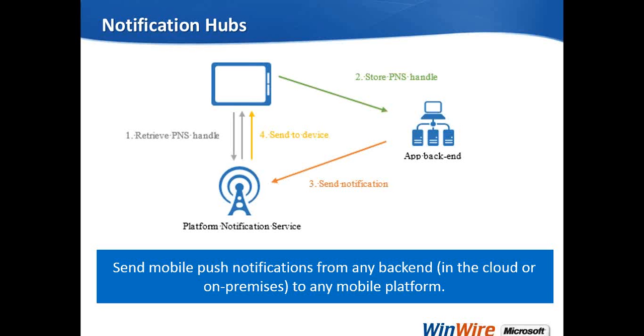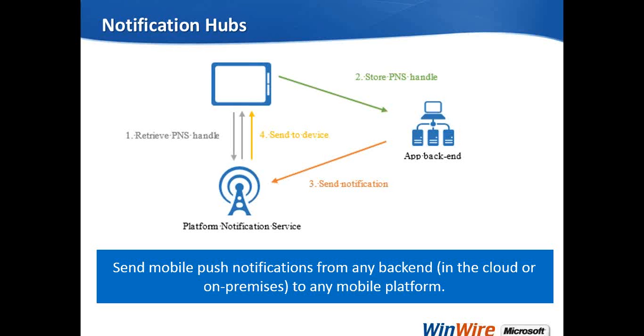A PNS offers barebone functions, and platform-specific PNSs have no common interface. For example, in order to send notifications to a Windows Store app, a developer must connect to the WNS service. To send a notification to an iOS device, the same developer contacts APNS and sends the message. And similarly, you have GCM for Android notifications.